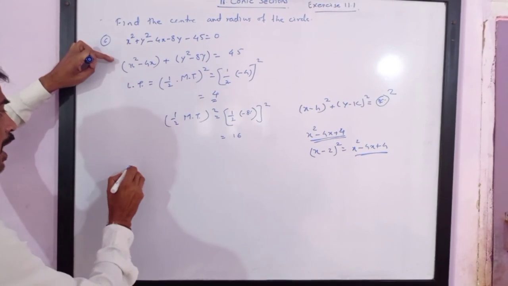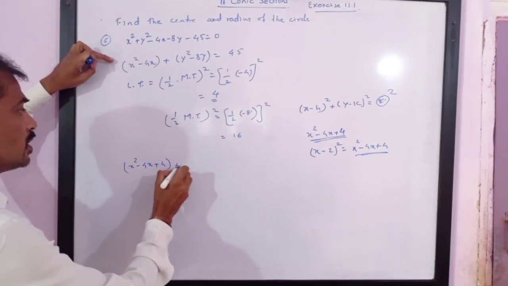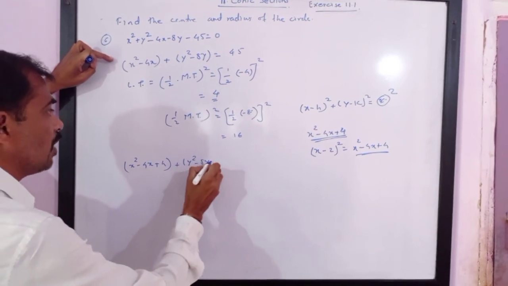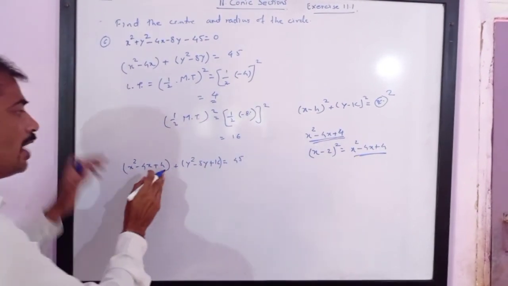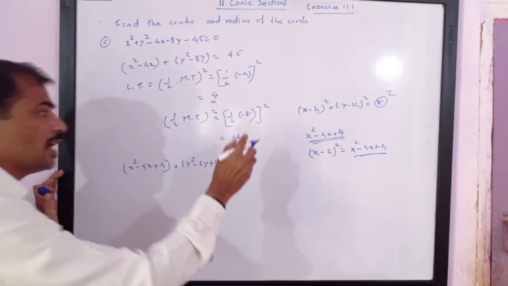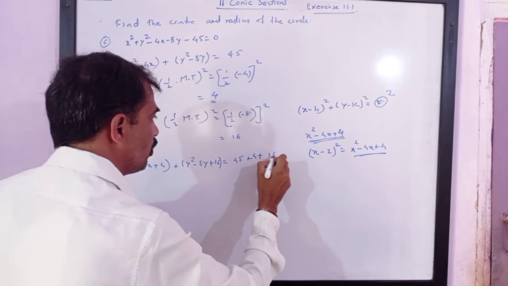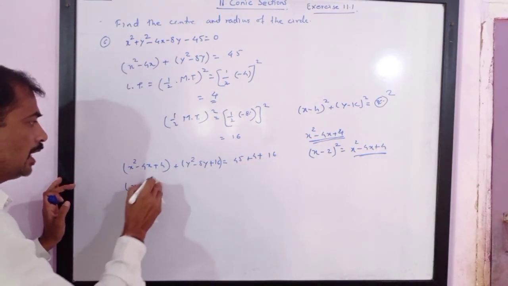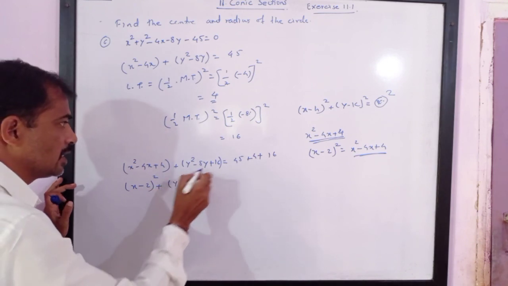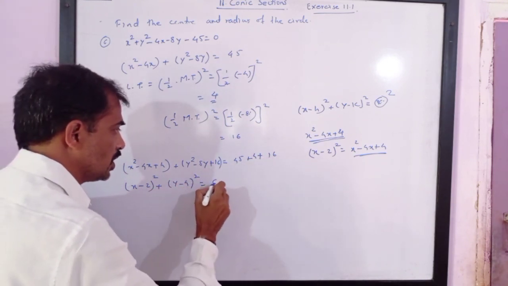So this will be x² − 4x + 4 + y² − 8y + 16 = 45. I have added 4 and 16 to the LHS, so I have to add the same numbers to the RHS. So this will be 45 + 4 + 16. Now this is nothing but (x − 2)² + (y − 4)² = 65.